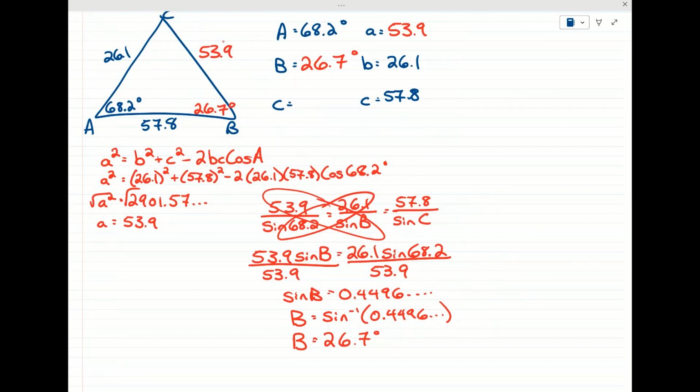And then we have one other angle to find. We could just do 180 minus 26.7 and 68.2. And I'm getting 85.1.